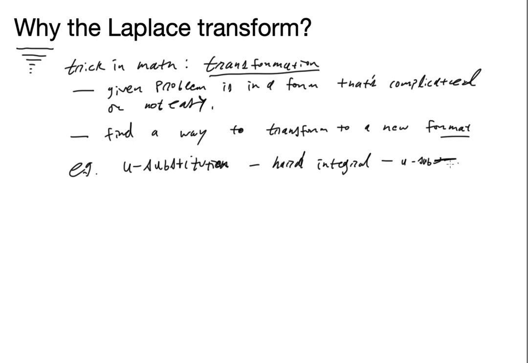And once you do the U sub, it becomes easy. That's a good example of something you may be familiar with, where a transformation can really dramatically make a problem a lot simpler. All you have to do is find that way. So a Laplace transform is a similar idea.